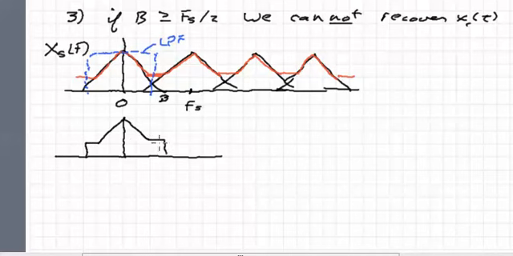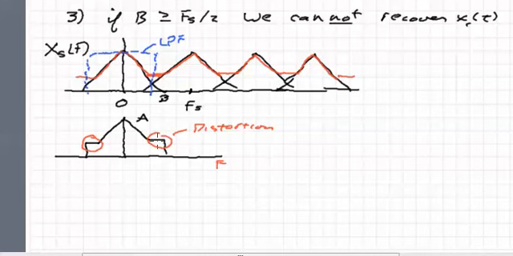So that's the spectrum of the recovered signal. It's going to have the right amplitude. It's going to be okay in this region, but in this region and this region of the frequency spectrum, we have big distortion. And you can think if fs is even lower, there's even more overlap, and this area of distortion is even bigger.